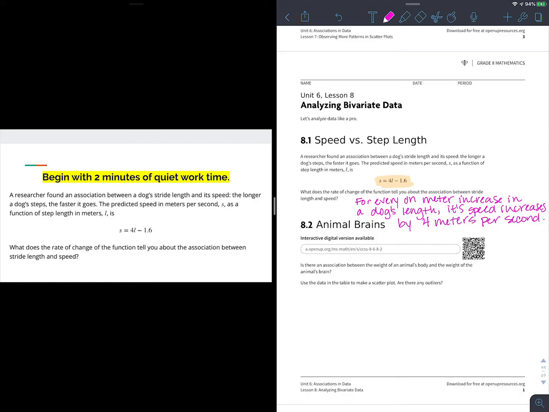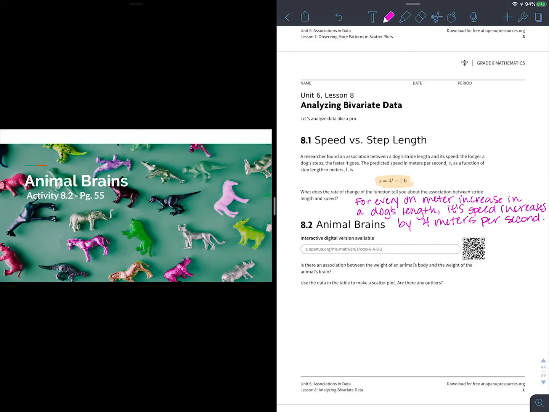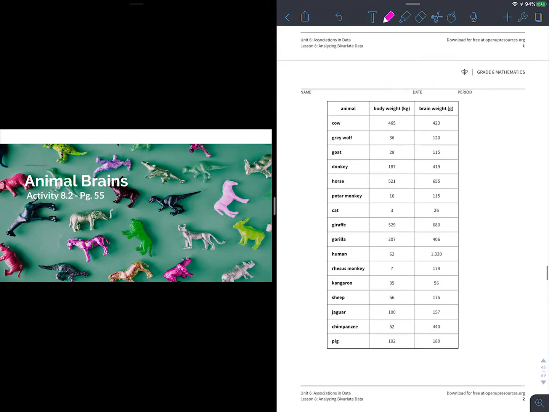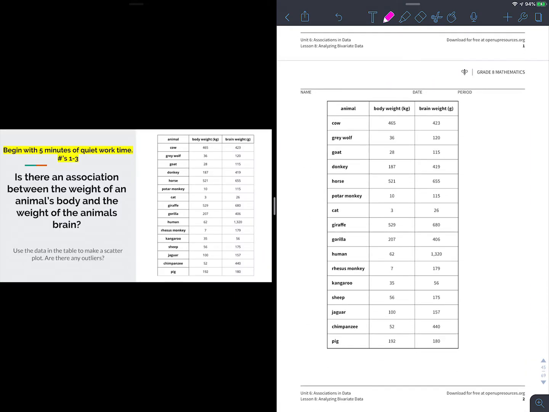Okay, so we've talked about using equations to model our data to make predictions. This is just another example. Okay, this next activity, we're looking at animal brains. And you have a table.